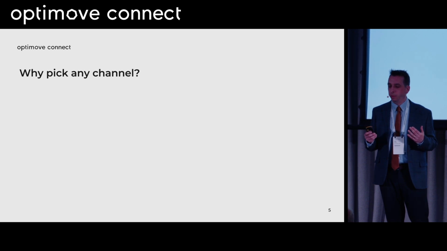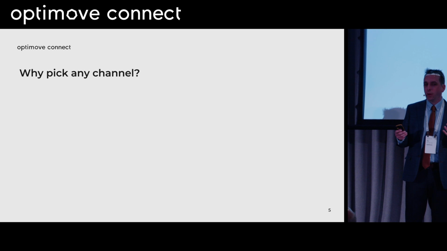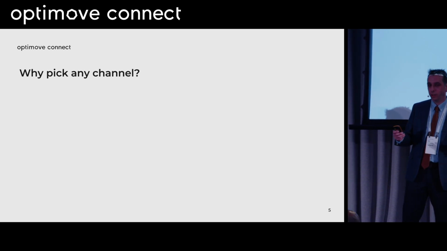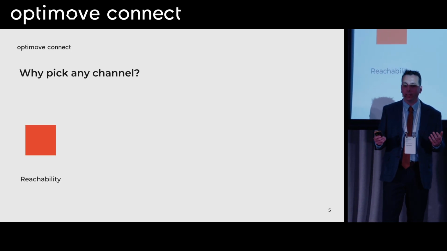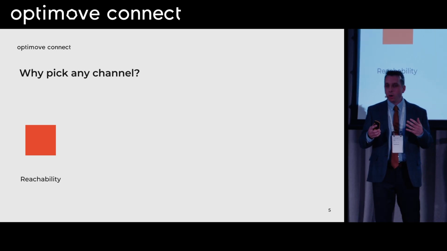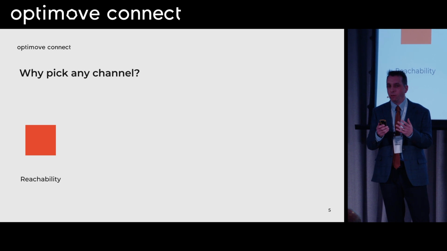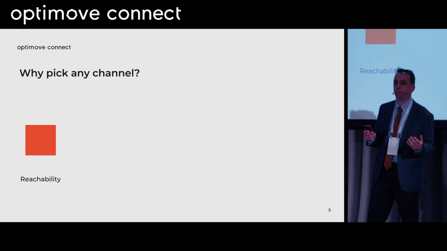The way we like to think about it is that each channel has different characteristics, and each channel performs differently to the others according to these characteristics. The first thing we like to think about is reachability. How much of your audience is available via a given channel? How many of your customers have opted in to receive content via that channel?